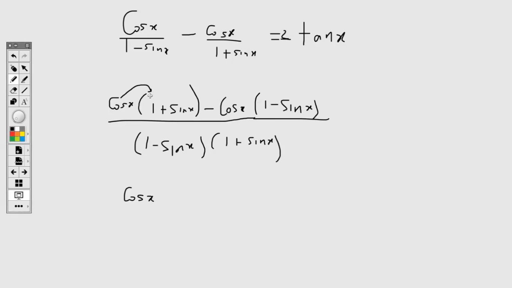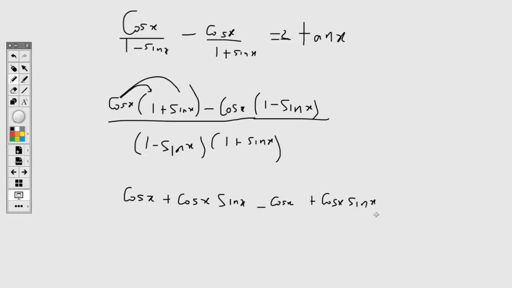Cos x times sin x, that gives you plus cos x sin x, minus cos x times 1, that's minus cos x. And then we have minus cos x times minus sin x, that's plus cos x sin x. Go ahead, rewrite the denominator.